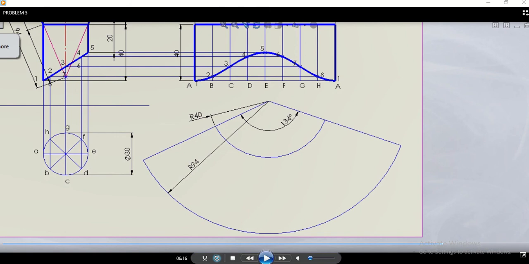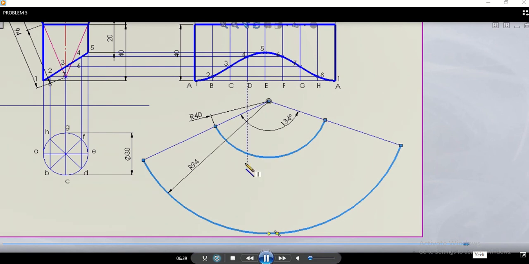Here you can see from the apex it is 40 millimeter. So directly from the apex you draw one more arc of 40 millimeter radius. And if you connect this boundary, that completes the development of the cone, because here there is no cutting plane passing.